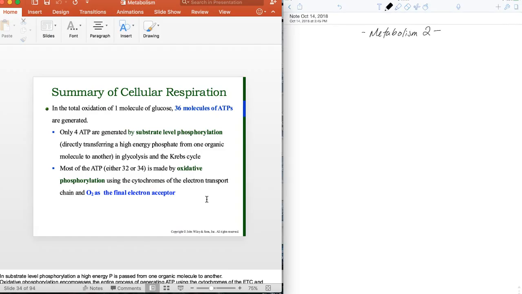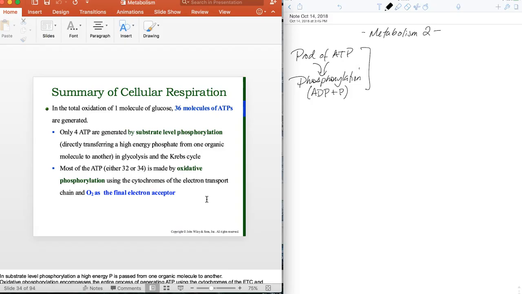So the production of ATP requires phosphorylation. Phosphorylation was adding the ADP with the phosphate to make the ATP.